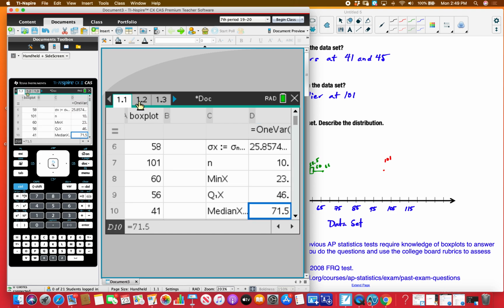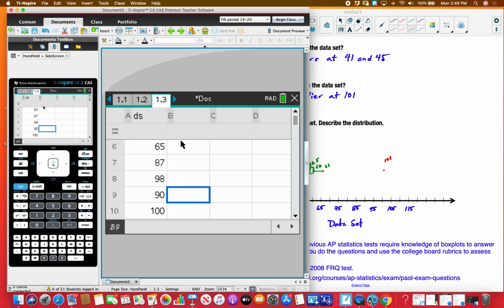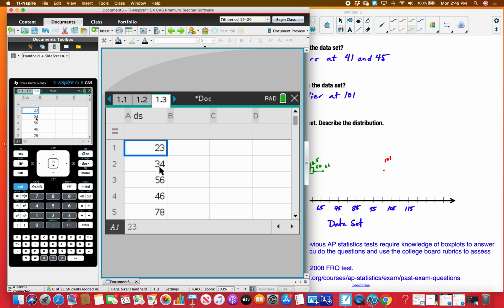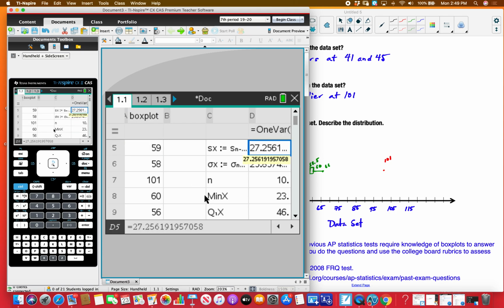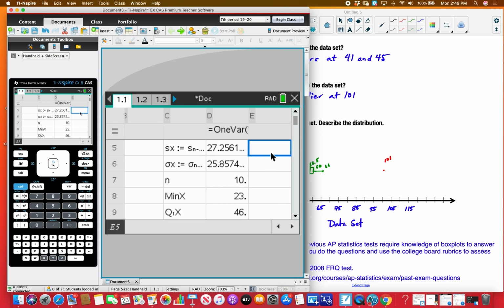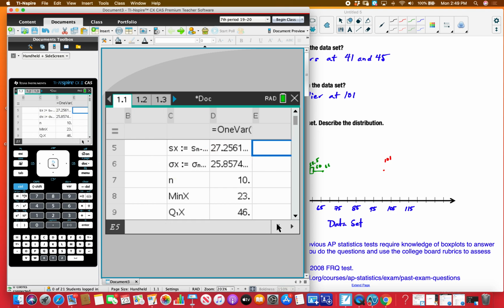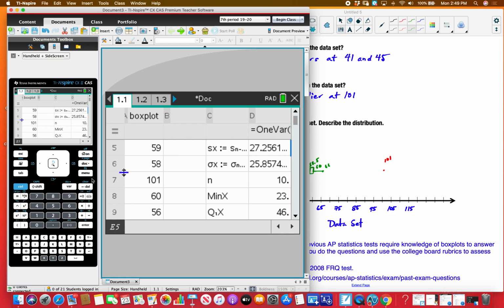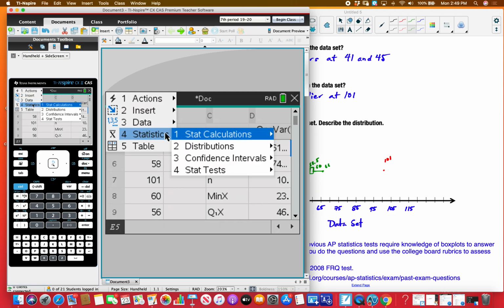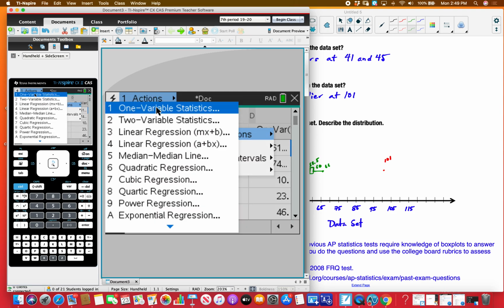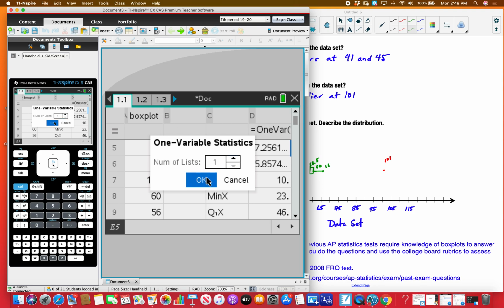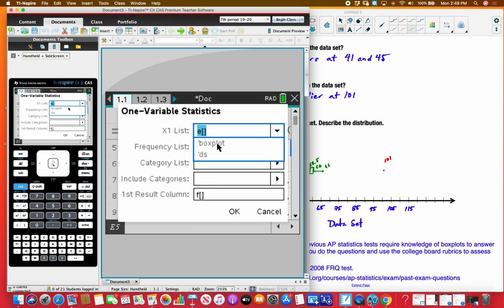That is the right data set. Nope. Yeah, it is. Okay. Sorry about that. Okay, so I'm going to run that one more time because I named it box plot. So it's menu, stats, stat calculations, one variable, one list, and I'm going to make that box plot.